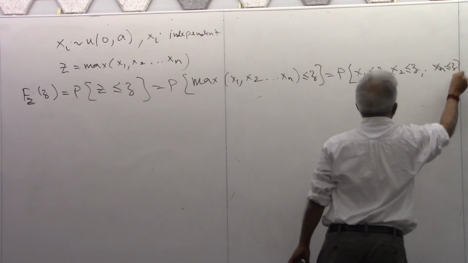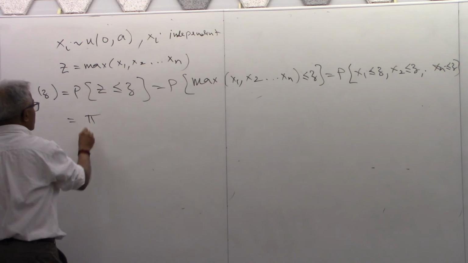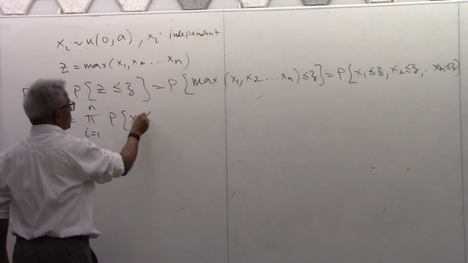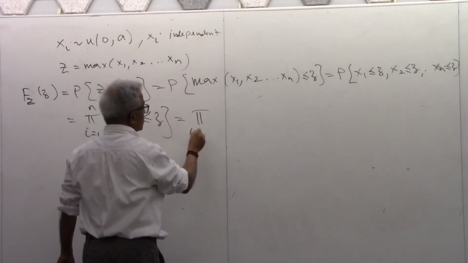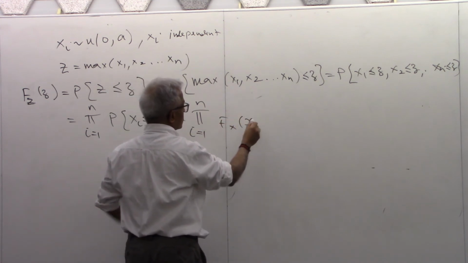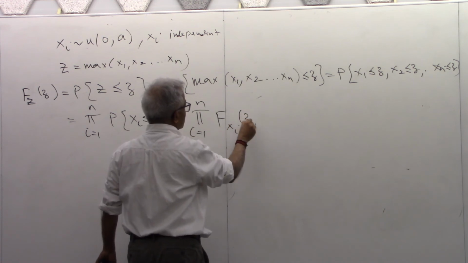But they are all independent. So that becomes the product, i equal to 1 through n, of the probability of Xi less than or equal to z. But this is just the distribution function product, capital F of Xi at z.